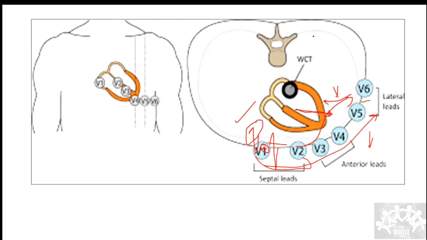You're able to picture that? So this concept is called R wave progression. Very important concept. The R wave increases gradually as you go from V1 to V6, and the S wave gradually reduces.